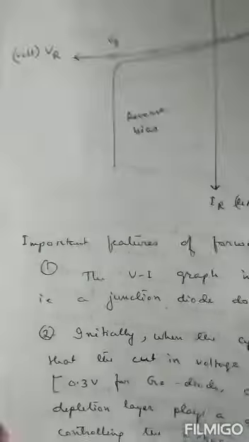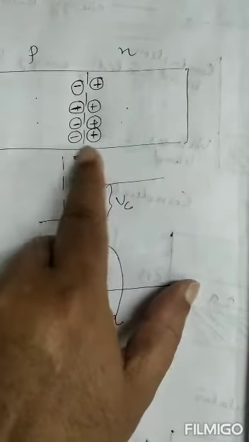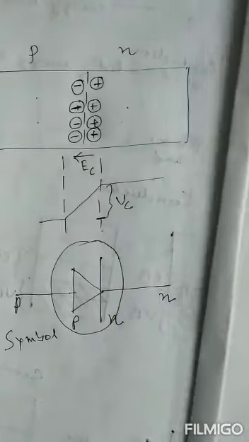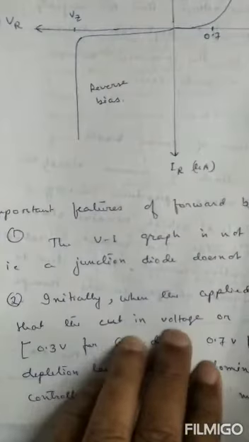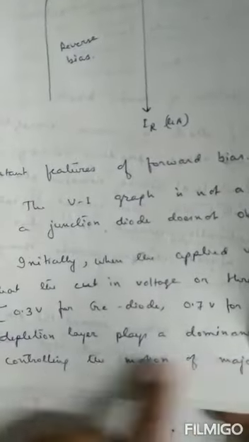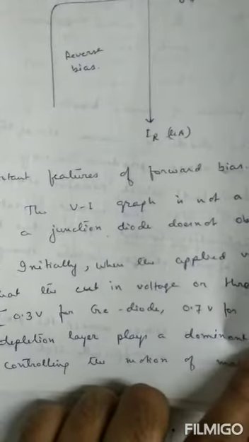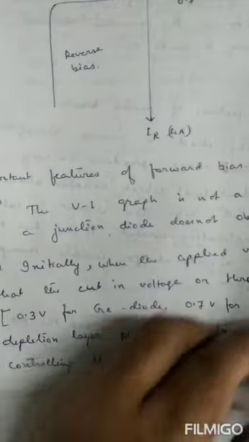Can you remember what is this cut-in voltage or threshold voltage? This is the contact potential. This is the value of contact potential. Initially, when the applied voltage is less than the cut-in voltage or threshold voltage, the depletion layer plays a dominant role in controlling the motion of majority charge carriers.